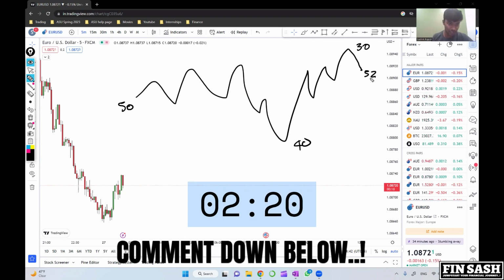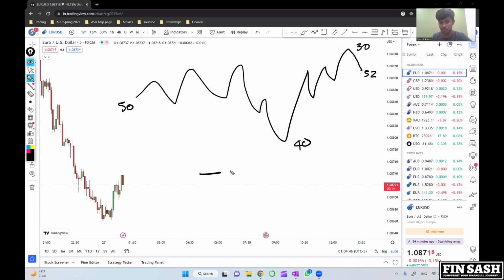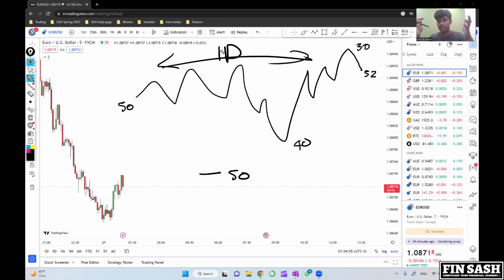All right, I'll do it really quickly. As I said, it opens at 50. Let's try explaining the story, and this is for, let's say, a daily time frame. If I ask you, what's the price movement for 1 day? Please draw the candlestick. This is how it would be.